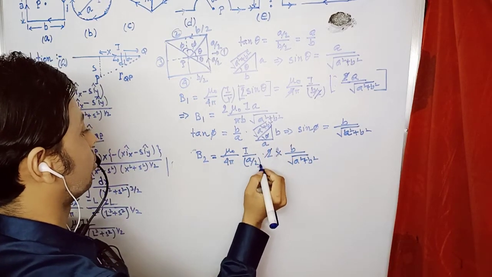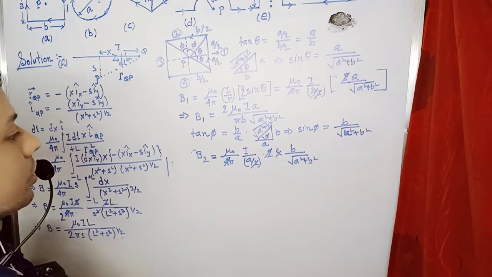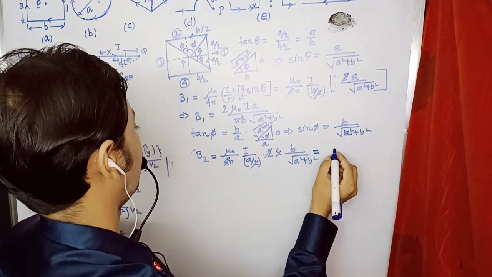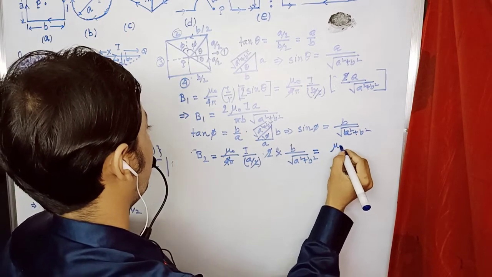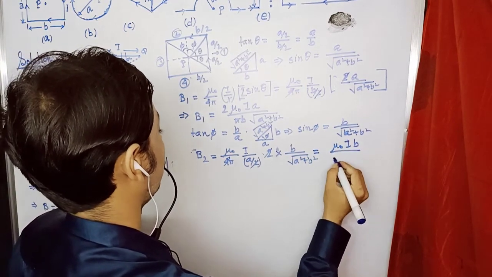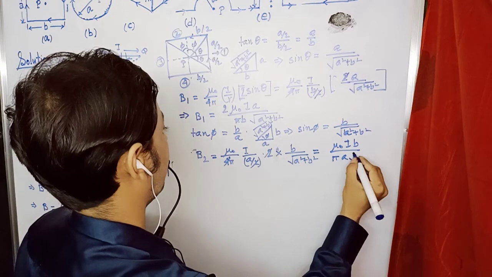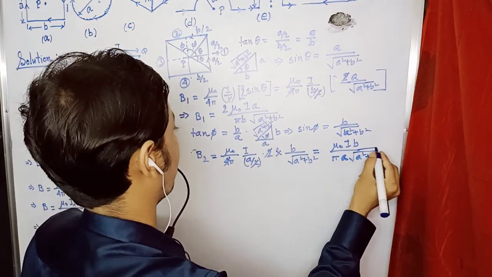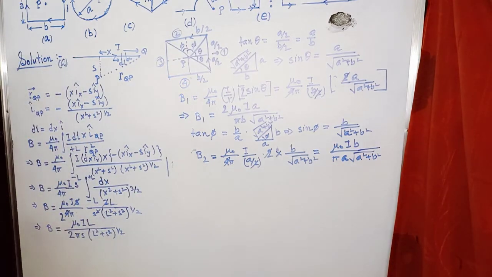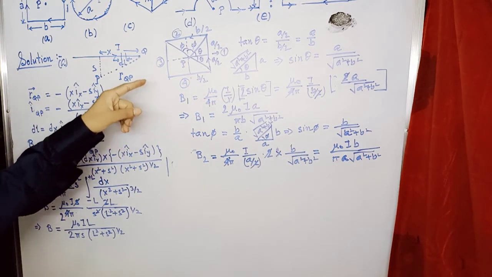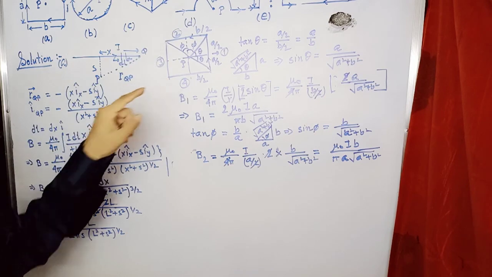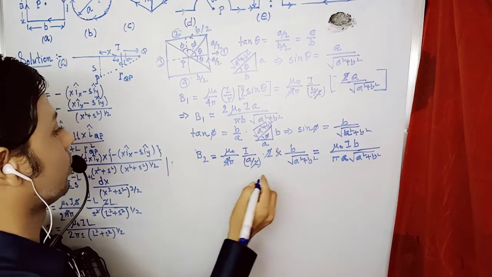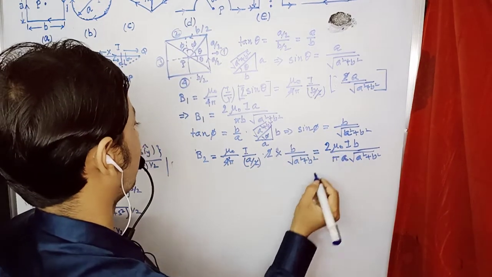Now this term gets cancelled, therefore we can write B2 equal to mu naught I b divided by pi a under root a square plus b square. And as we are seeing that segment 2 and segment 4 are identical, therefore we can write B2 net will be equal to 2 times this value.